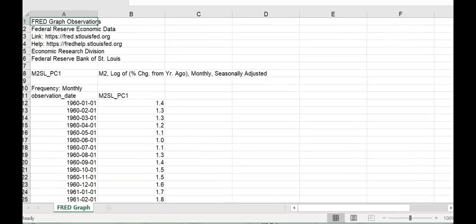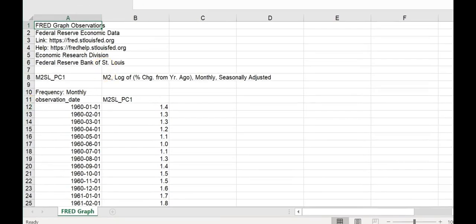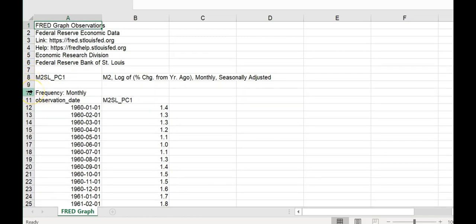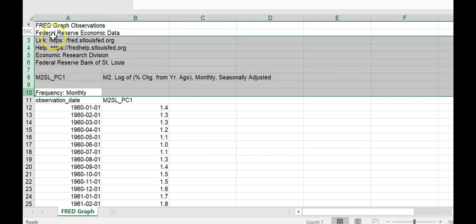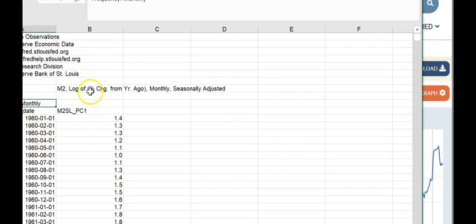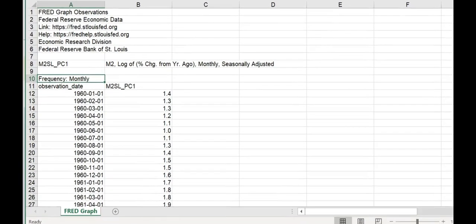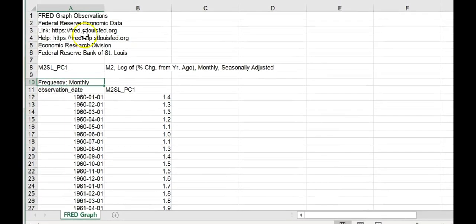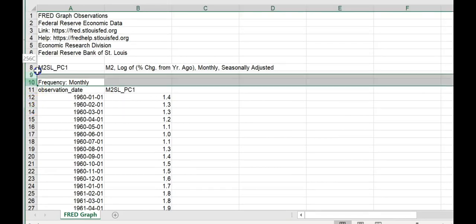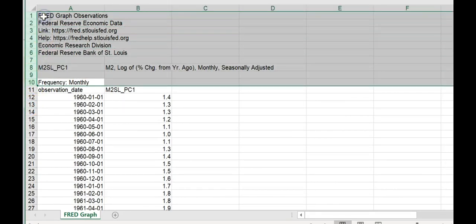And let's get rid of this stuff on top here.